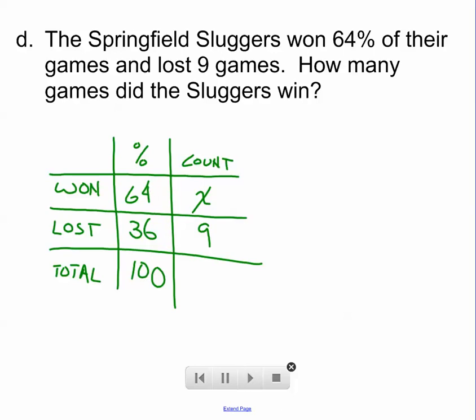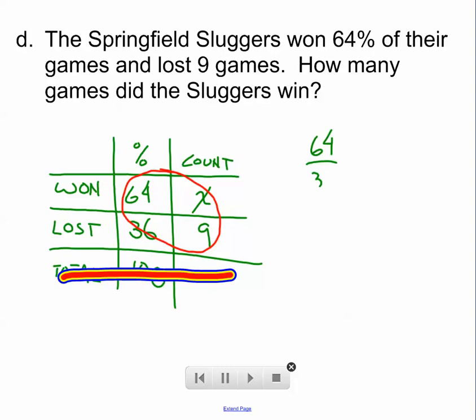Now we've got what we can use here. We're going to use this right here. We're not going to use this bottom column. So 64 over 36 equals x over 9. 36 times x is 36x. Oh, you know what?